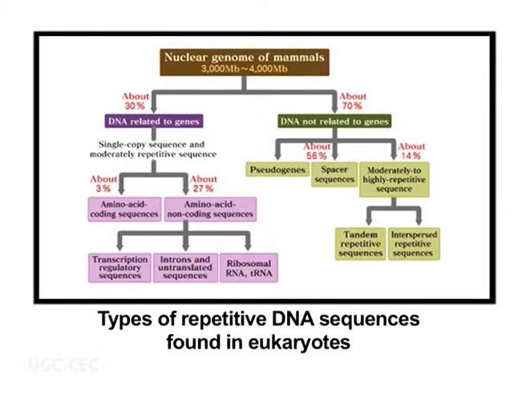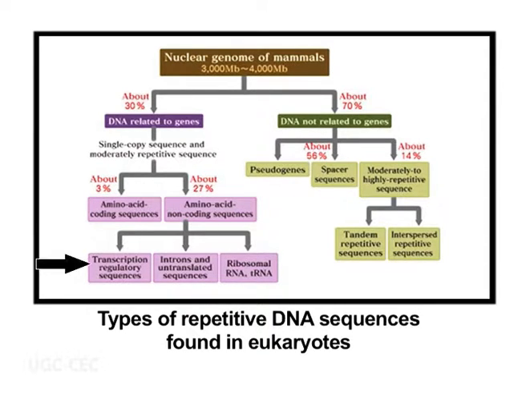Examples of repetitive sequences are the pseudogenes or the spacer genes, or from the tandemly repetitive sequences to interspersed repetitive sequences. These are all repetitive sequences not related directly to gene function. Whereas the DNA which is related to gene function includes ribosomal RNA, tRNA, or the histones, and then we have the introns and the untranslated regions.